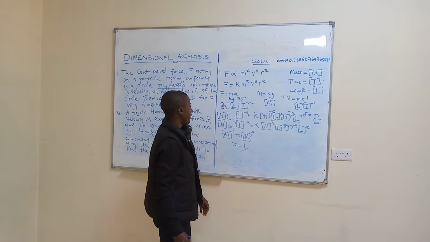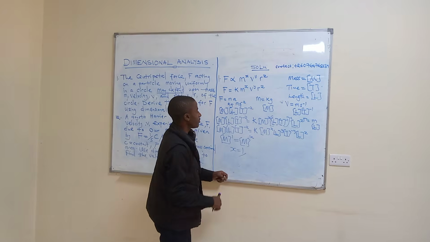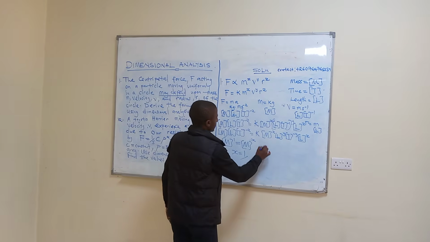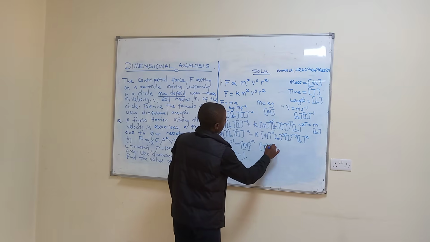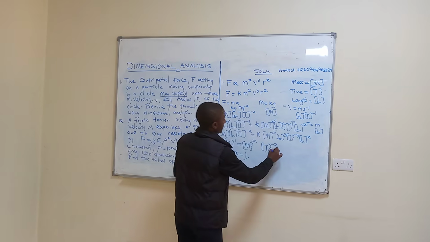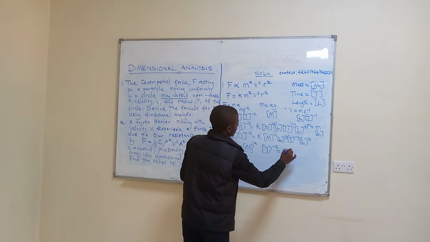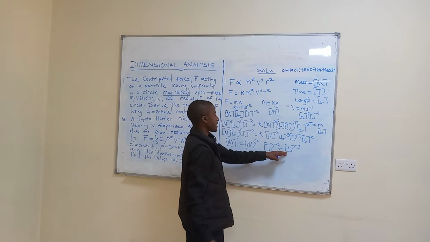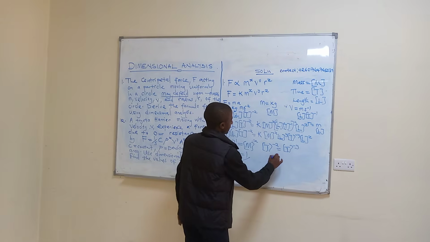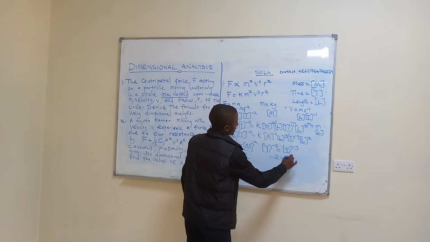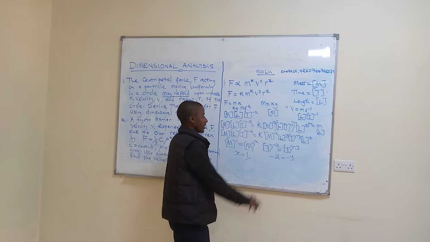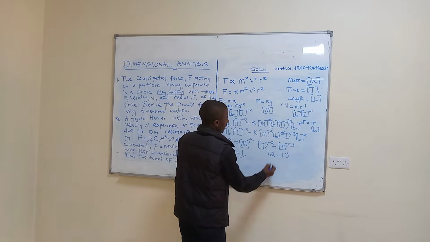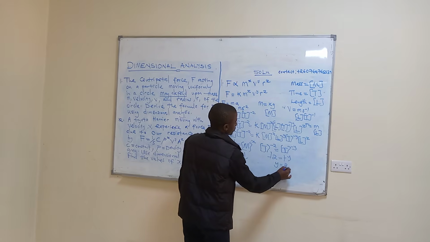And then I should also find the value of y. That is T to power negative 2 on this side, equal to T to power negative y. The bases are the same, so equate the power. Negative 2 is equal to negative y. These negatives cancel each other, and we remain with y is equal to 2.